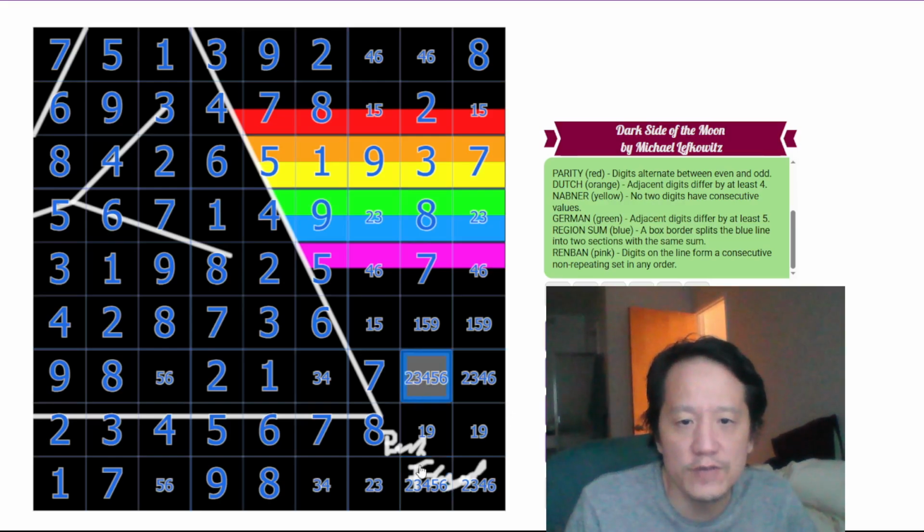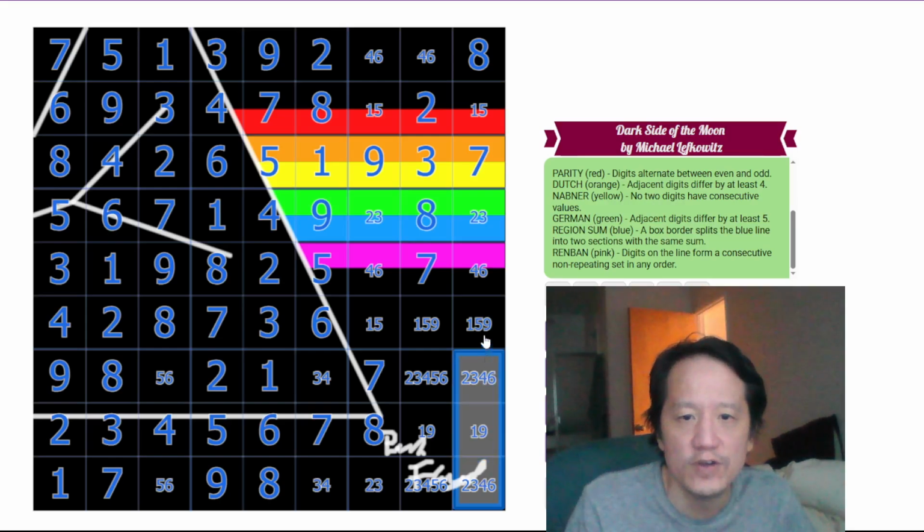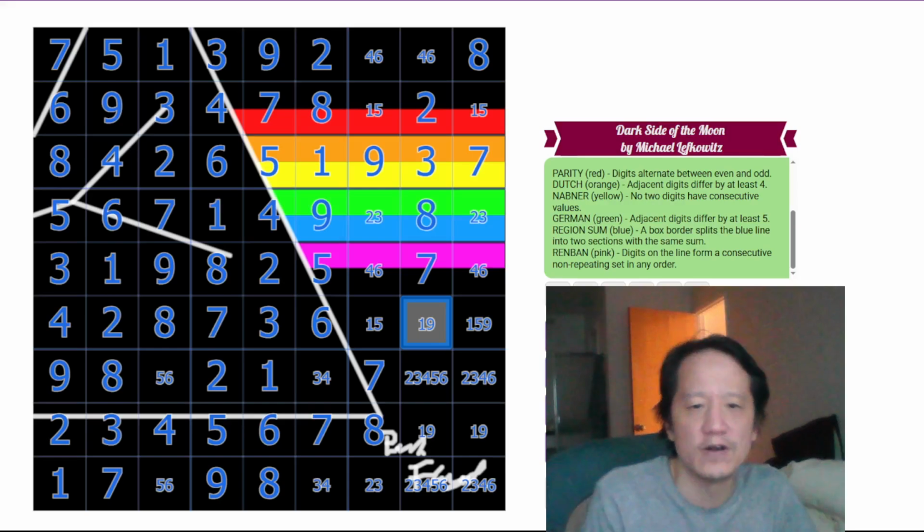So one of these two digits must be a 5. Because this cannot be 5 because of the 1-5 pair. This can't be 5 because of the 1-5-9 triplet in the box, or in the column. So this cannot be 5. This can't be 2. This can't be 2.